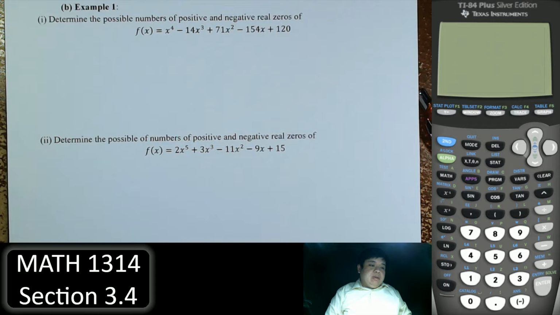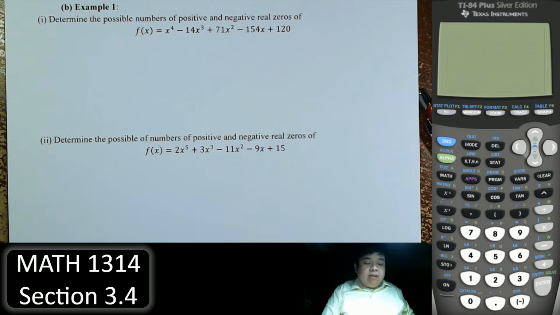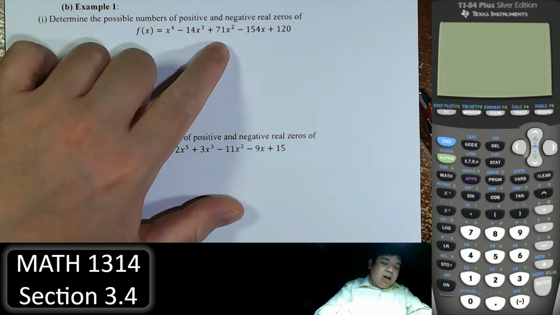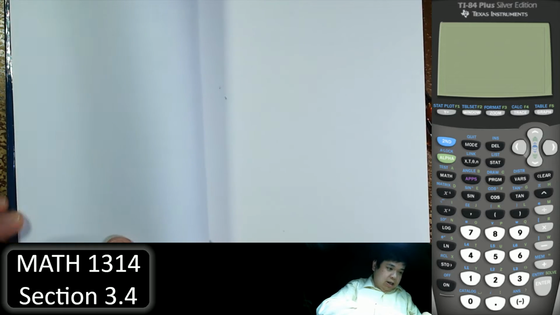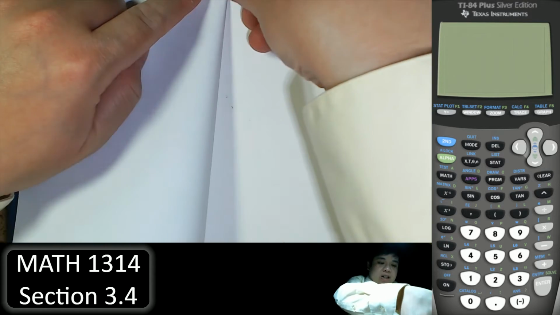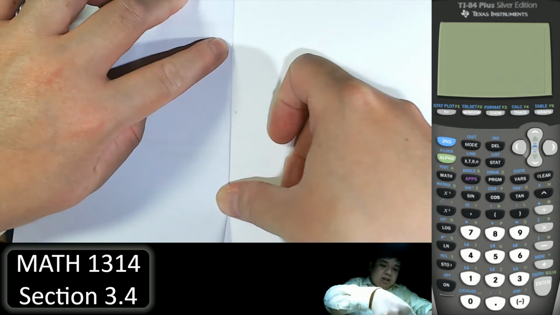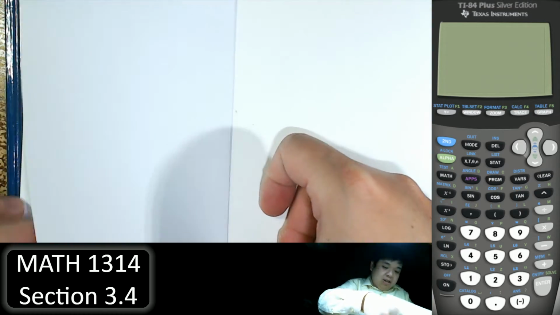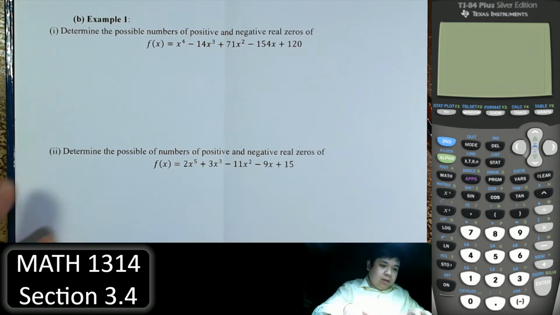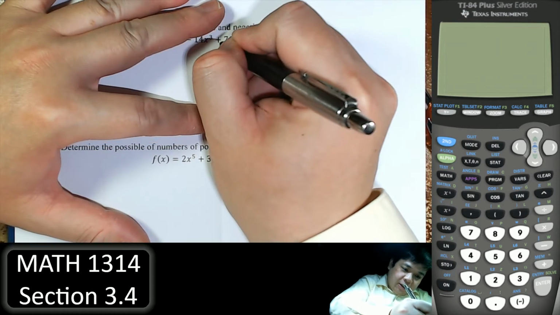So determine the possible numbers for positive and negative real zeros of this polynomial. The good thing here is we just determine the number of zeros. We're not going to actually find them. We will do that later.